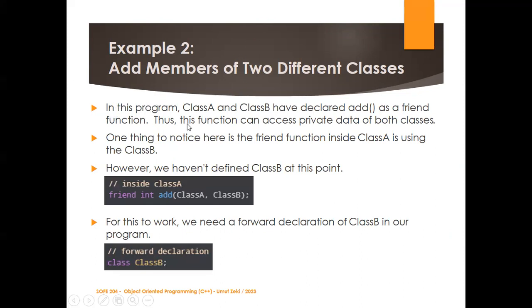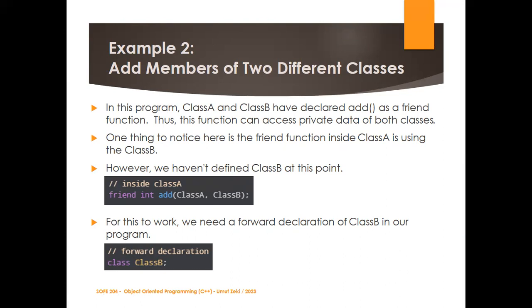In this program, class A and class B are declared as friends of the function. Because we are going to use both of them with the friend function, in each of them we make a friend declaration.